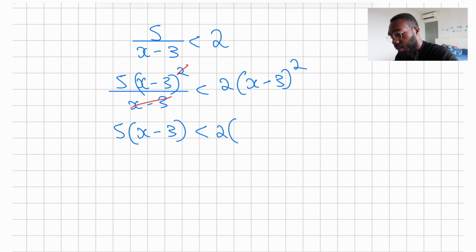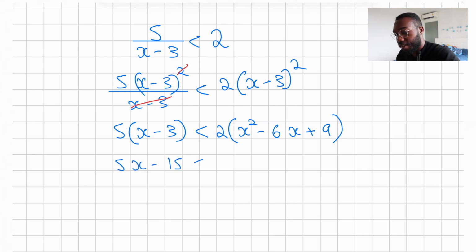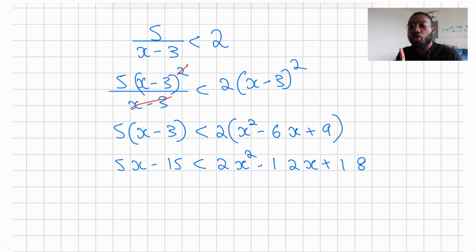If we expand this out, we get x squared minus 3x minus 3x, so minus 6x, then minus 3 times minus 3 is plus 9. Then doing the other side, we get 5x minus 15 is less than 2x squared minus 12x plus 18. Now, if I bring everything to the right-hand side, we get 0 on this side, that is less than 2x squared, which stays the same.